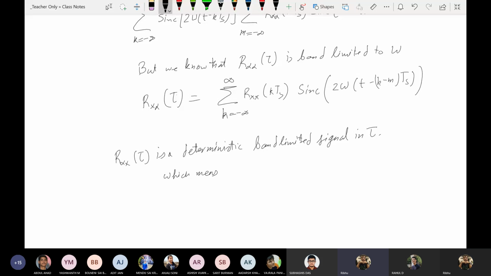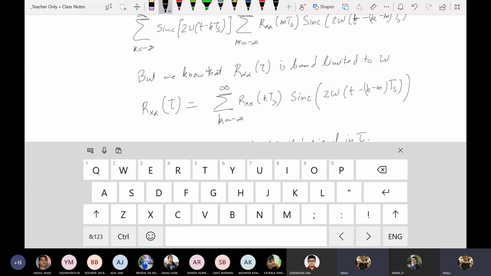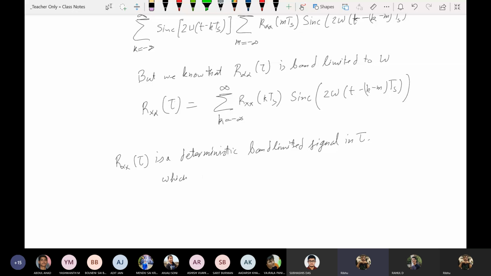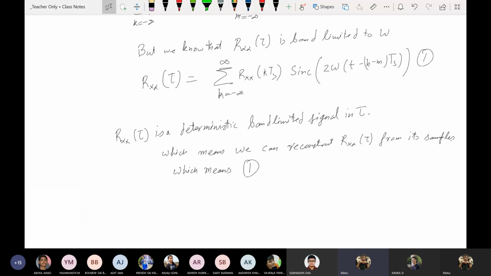Which means we can reconstruct Rxx tau from its samples, right? Makes sense?